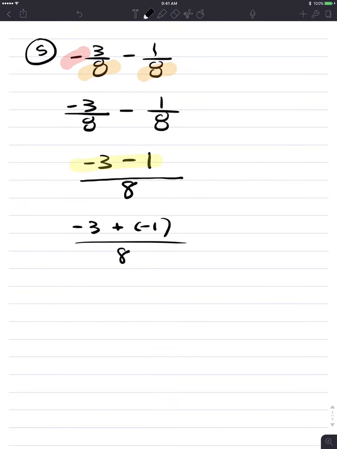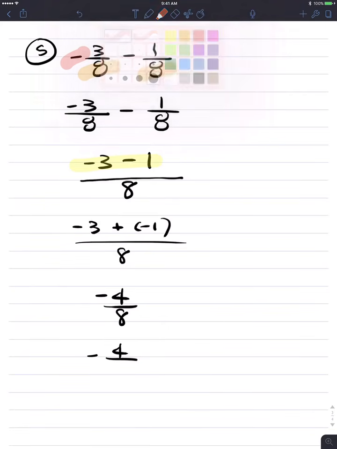And this is over 8. So now negative 3 plus negative 1 is negative 4. That's negative 4 over 8. I'm going to keep my subtraction sign here at the same level as my division sign.